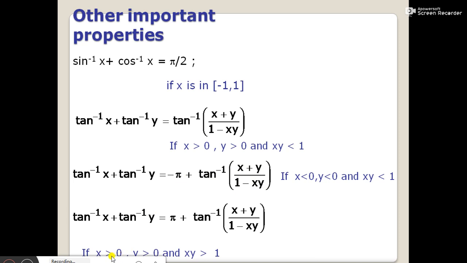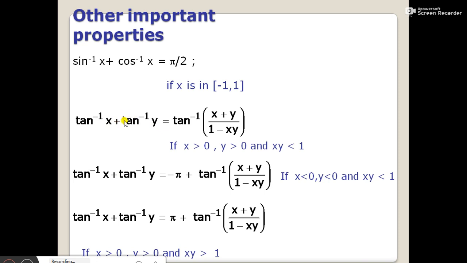Next one, if x is greater than 0, y is greater than 0 and their product is greater than 1, then tangent inverse x plus tangent inverse y is equal to pi plus tangent inverse x plus y upon 1 minus xy. These conditions we have to check while applying these formulas.